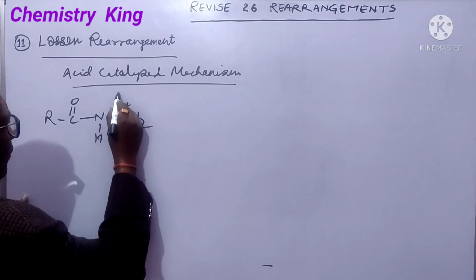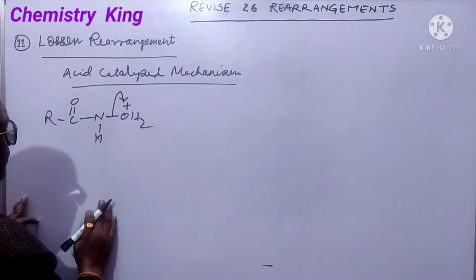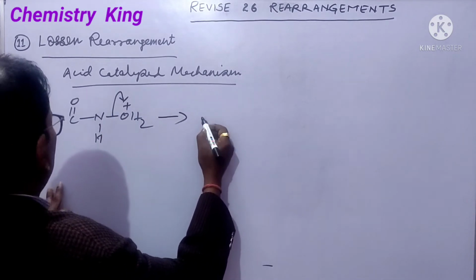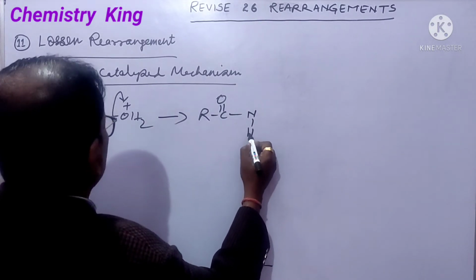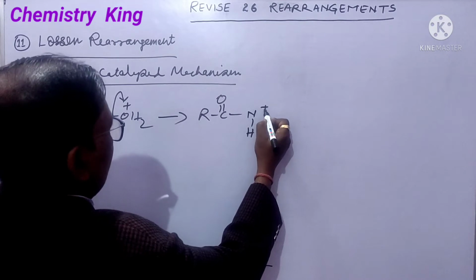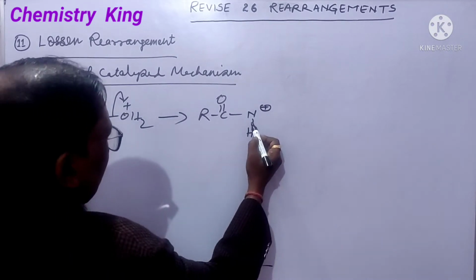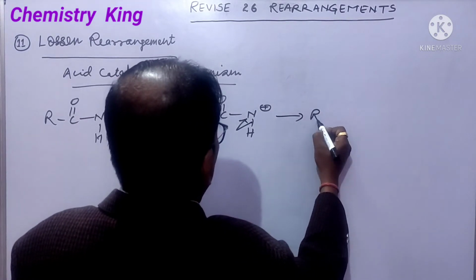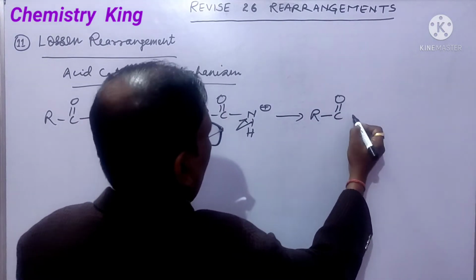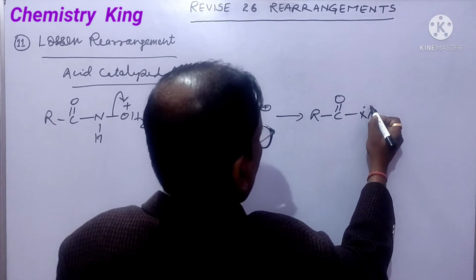Now this bond will break. Then RC double bond O, NH, positive charge here. Okay? Now due to this positive charge, this hydrogen is released, and you will get RC double bond O, N. It is nitrene.